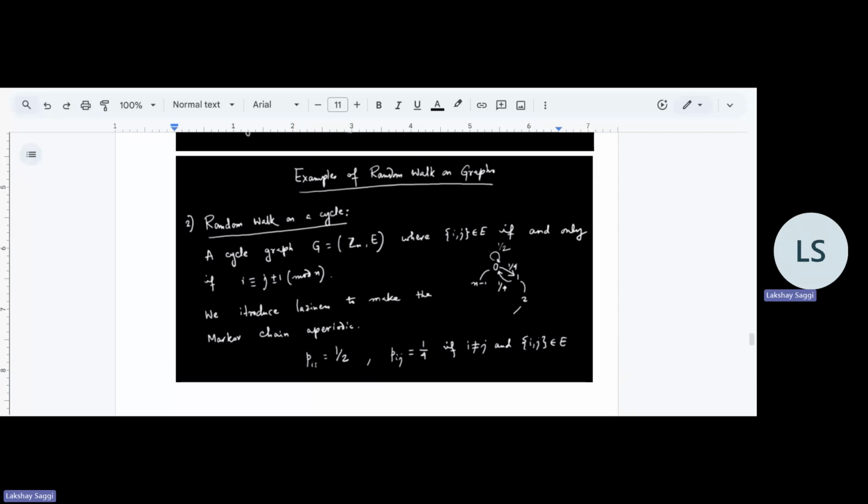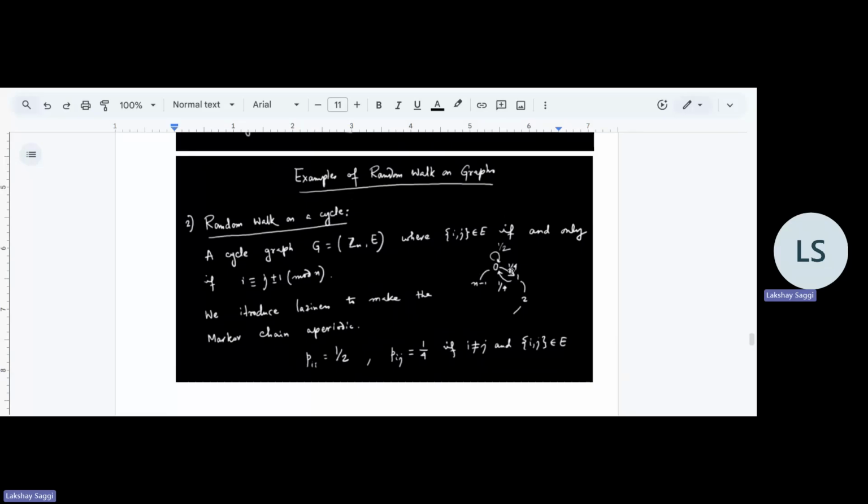But now you can see that this kind of Markov chain will actually be periodic, because if you start at state 0, then you can only come back to state 0 after 2 time steps. You cannot stay at the state 0.